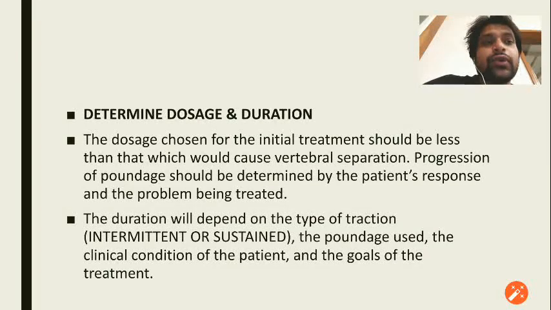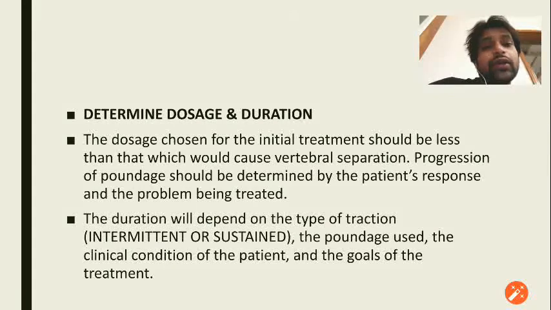The dosage chosen for the initial treatment should be less than that which would cause vertebral separation, and the progression of the force or poundage should be determined by the patient's response and the problem being treated. The duration will depend on the type of traction.